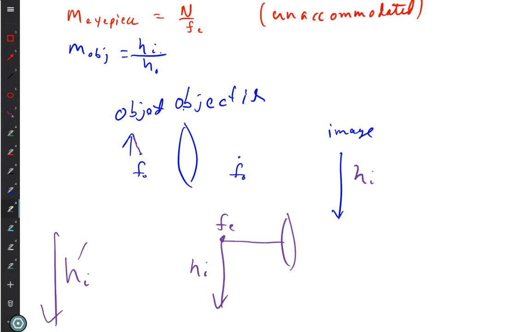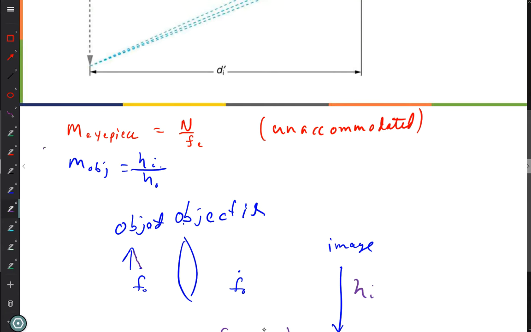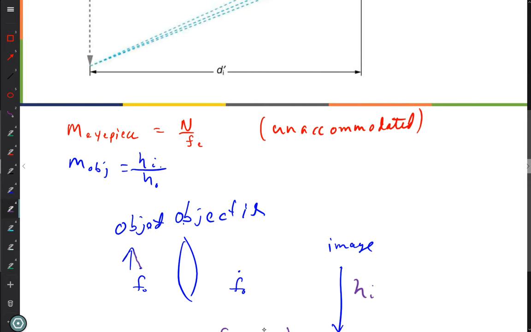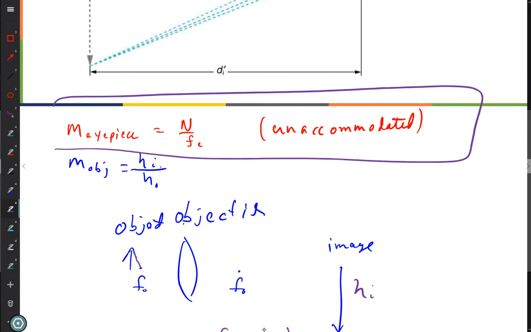So we have two pieces to analyze: what's going on with the objective and what's going on with the eyepiece. Since the eyepiece is just a simple magnifier, I went straight to the result for this eyepiece. I've got to erase that because you have to be able to see the difference in focal length sub E for eyepiece and focal length sub O for objective. So I went straight to the magnification of the eyepiece because it's what we've already done. But then we still have to do the objective's work.